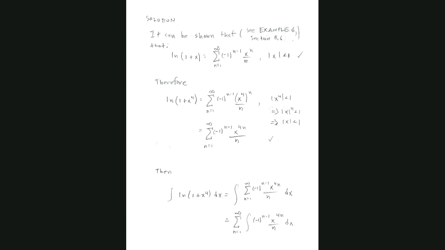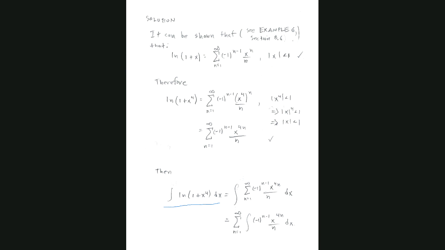And so now we want to get the power series for the integral of the log of 1 plus x to the fourth. And as I mentioned before, normally with a definite integral, I like to carry the limits along, and then if I do a u substitution or something, I change the limits and get new limits.